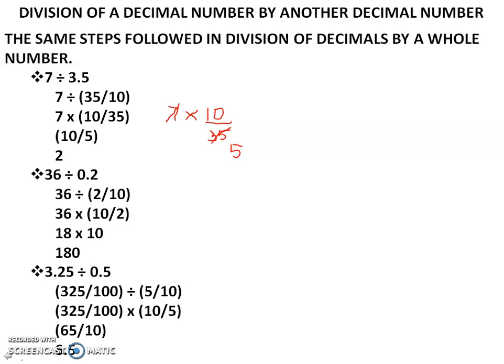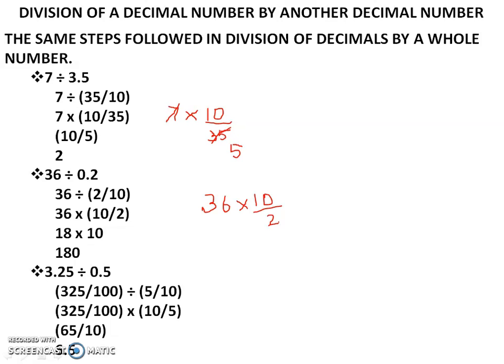The next problem. 36 divided by 0.2. The same thing happens here also. 0.2 can be written as 2 by 10. So, I will multiply by the reciprocal of 2 by 10. That is 36 into 10 by 2. Now what can you cancel?